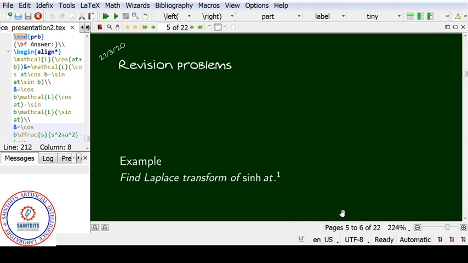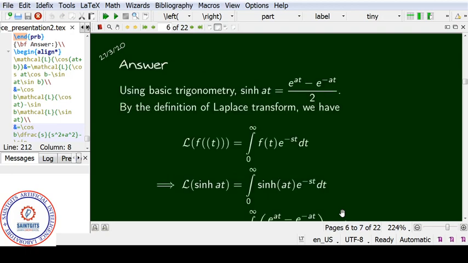For a revision, we will consider the function sin h at, that is the hyperbolic function sin h at. We are going to find Laplace transform of sin h at. To evaluate Laplace transform of sin h at, I rewrite sin h at as e raised to at minus e raised to minus at by 2.